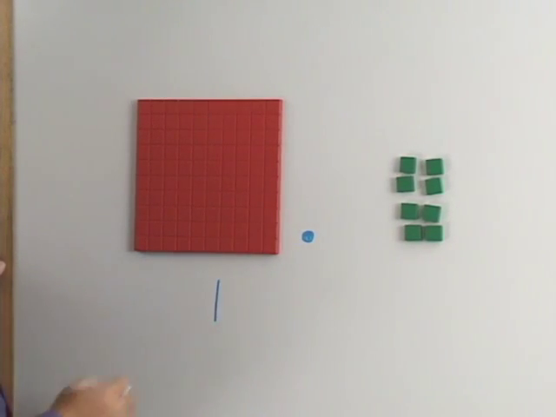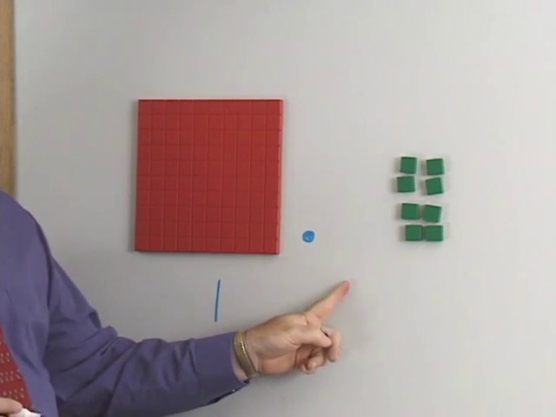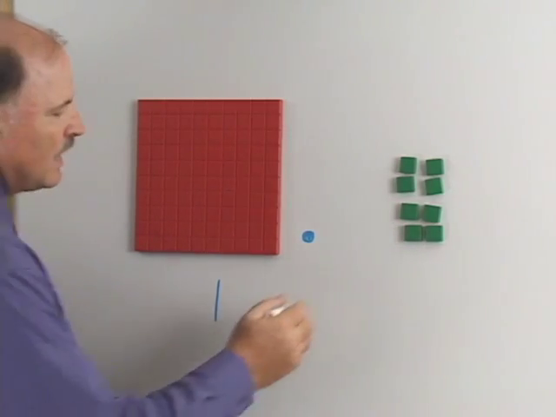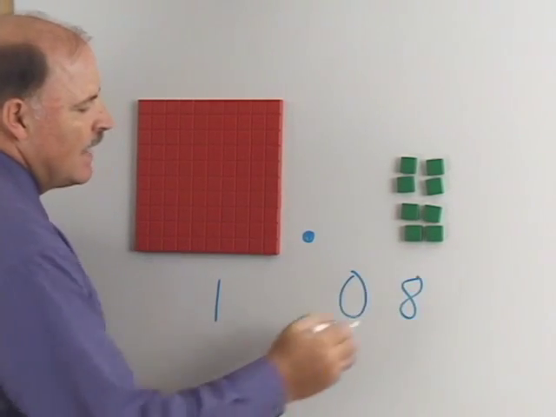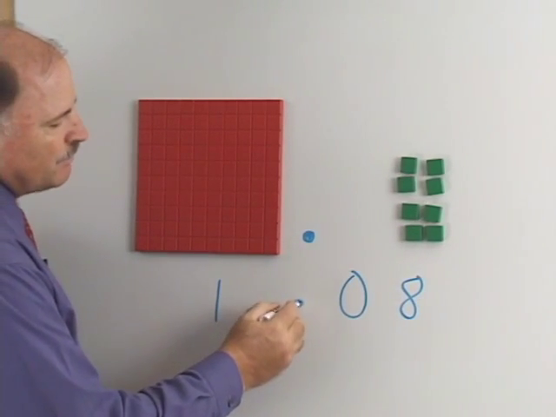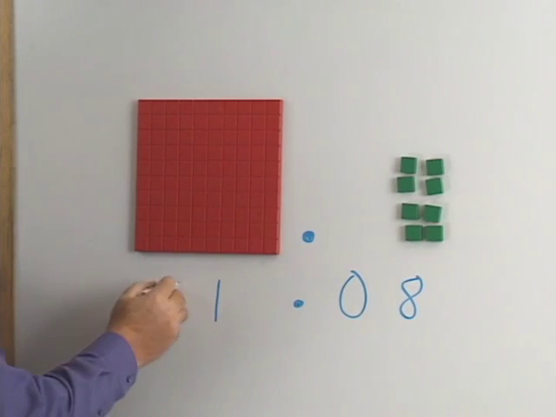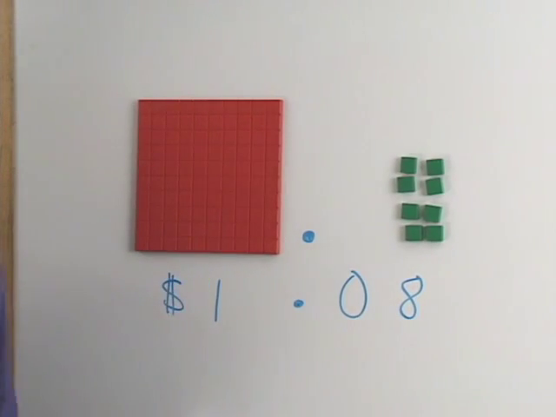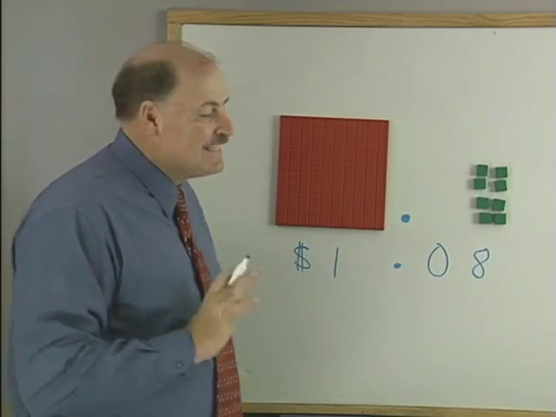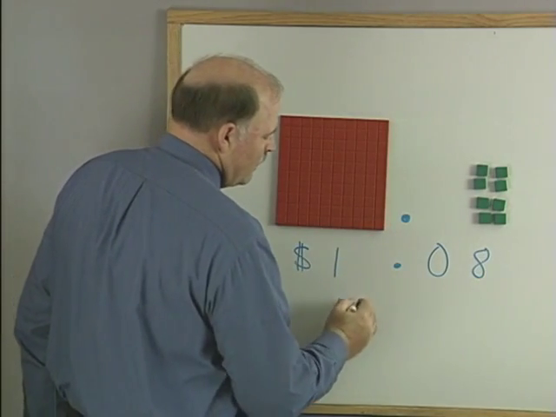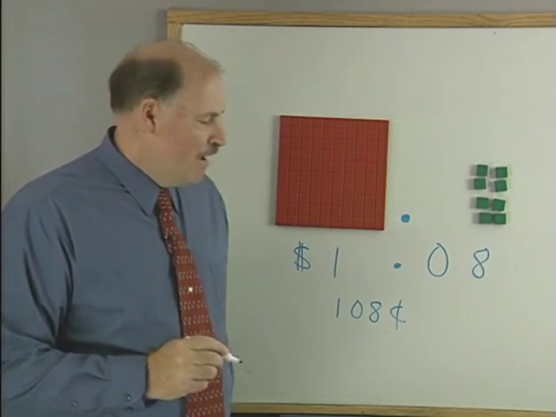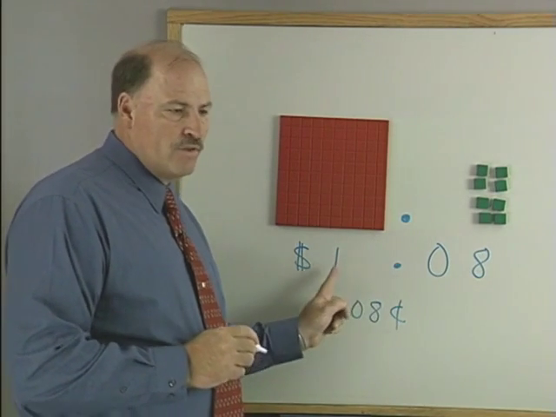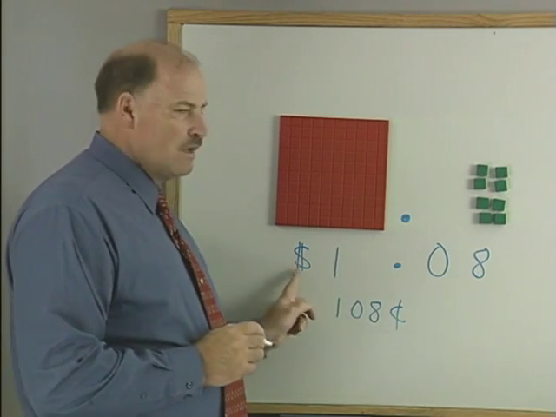Okay, it's $1. How many dimes? None. No dimes. How many pennies? 8. 8. And if we put the decimal point, we have $1.08. And that is the same as 108 cents. Okay? But when you use the decimal point and you have the dollars as units, then that becomes the dollar sign.